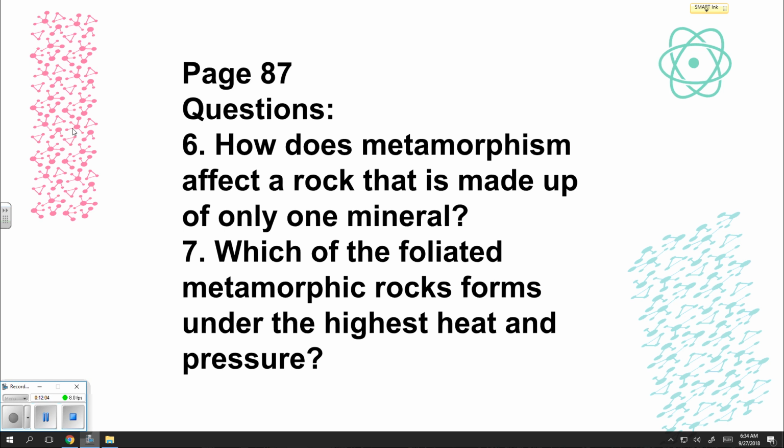Gneiss. Foliated rock with very thick, dark and light layers. Very high heat and pressure act on schist. Light-colored minerals separate from dark-colored minerals to form bands. Quartzite. Non-foliated rock made up mainly of the mineral quartz.